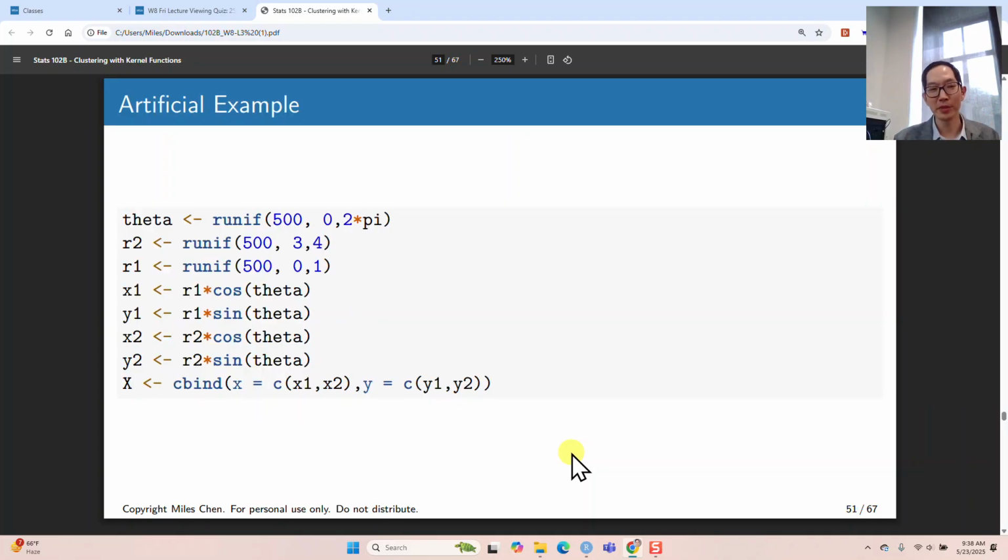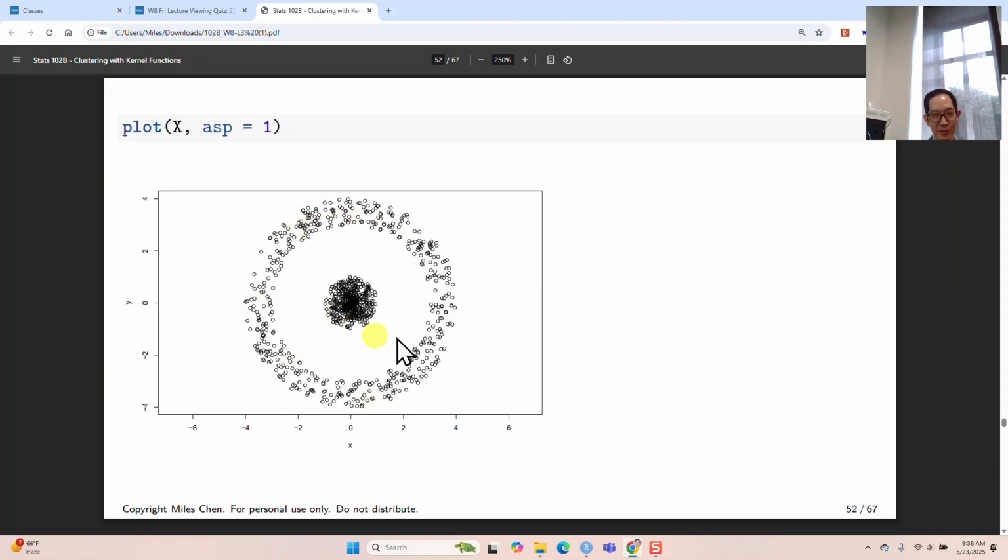Okay, so here's just another artificial example, and I'm going to start off with these two circles of points. I have this ring of points on the outside, and I have a ball of points on the inside. All of this is in two-dimensional space.